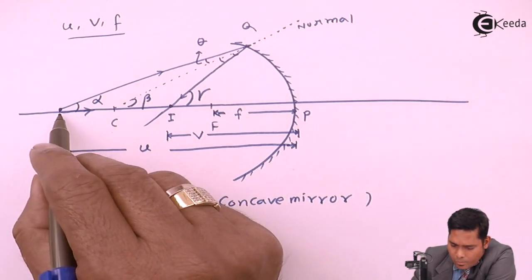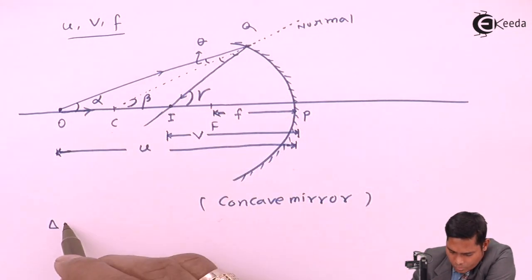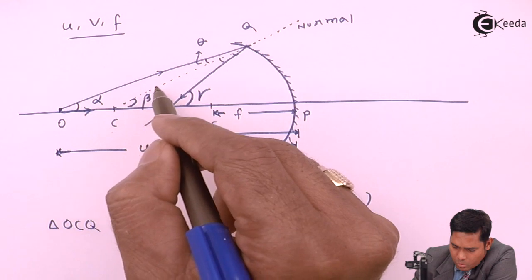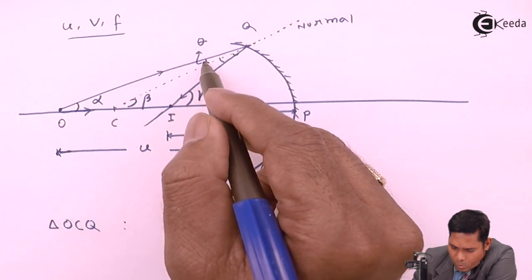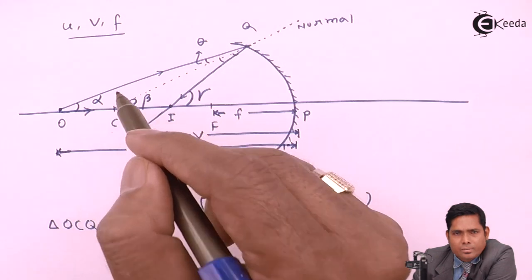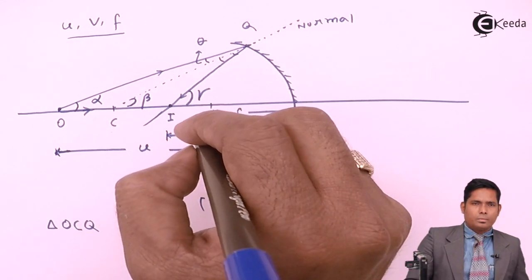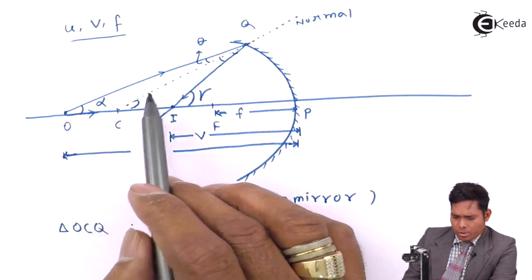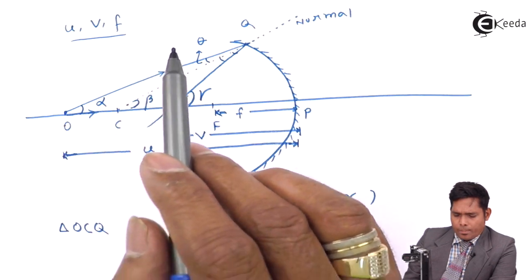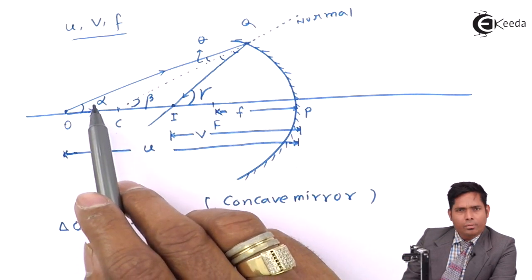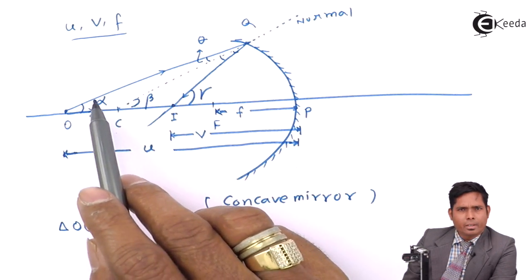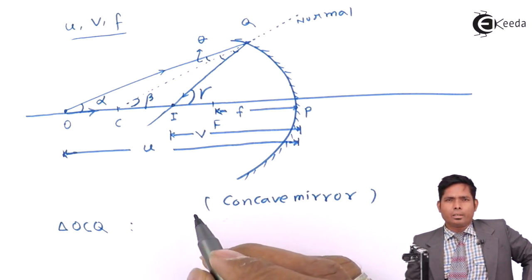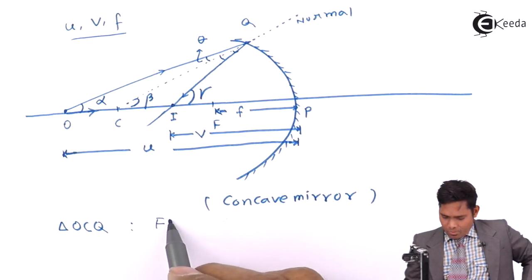One triangle is O, C, and Q. In this triangle O, C, Q, alpha and theta are the remote interior angles, and beta is the exterior angle.